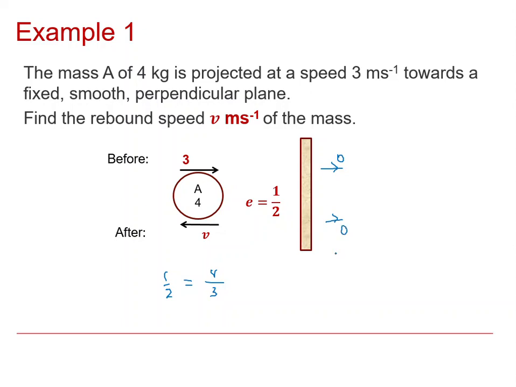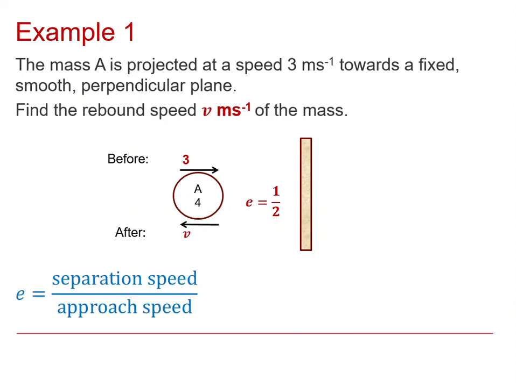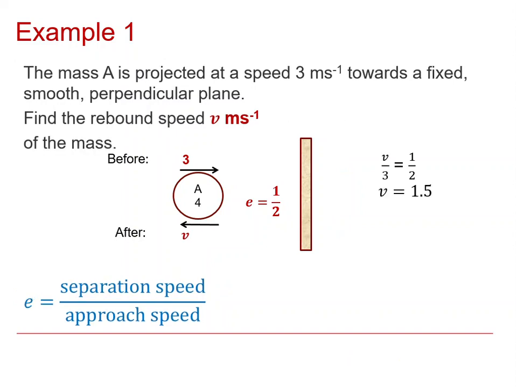We'll just put that in for completeness, but normally that's not shown at all. So that tells us that v will equal 3 over 2. You've halved the velocity by that particular impact. So we end up with the conclusion that the velocity afterwards, the rebound speed, is 1.5 meters per second.